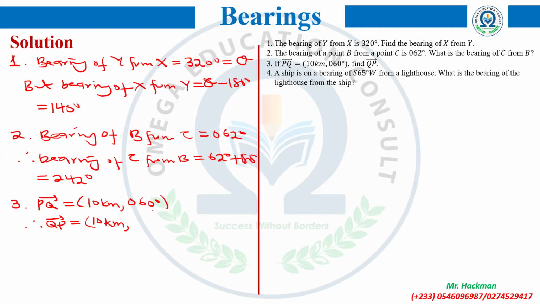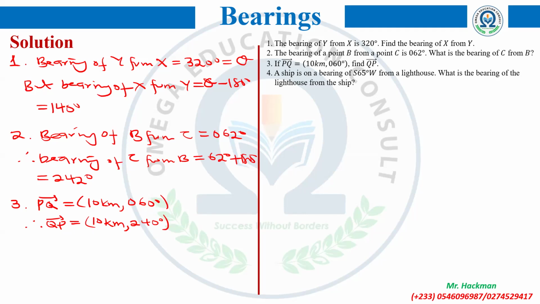Now your forward or front bearing is less than 180, so your back bearing will be 180 plus this, which gives us 240. As simple as that. So you can look at it and state it.